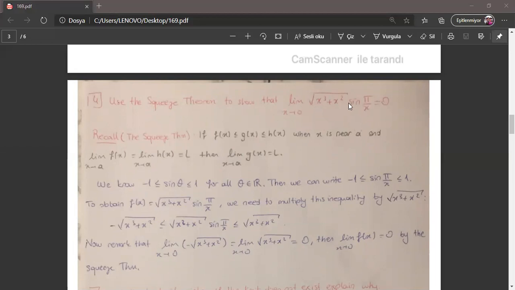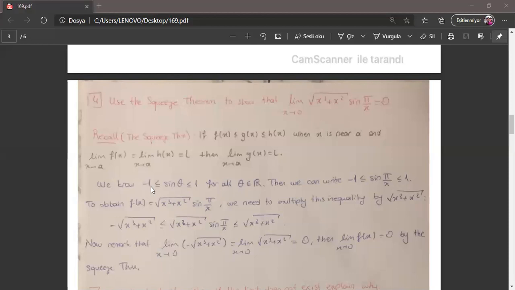I want it to be in an inequality like this. So remember that the sine function is in between -1 and 1 for any real number, for any angle.